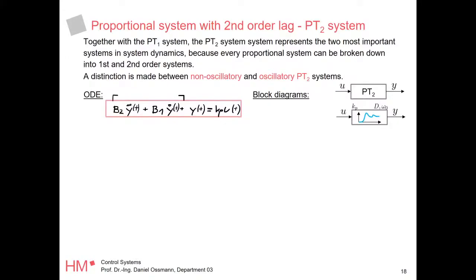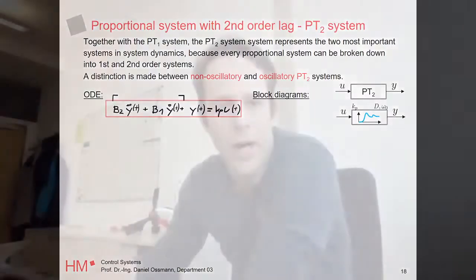Okay, so we have now made our life a little bit harder, right? We move from a first order system to a second order system. If you remember what you learned probably in high school and how to solve differential equations, and then hopefully in the math lecture here at the Hochschule, you will know that we can solve this second order ODE with a nice approach with the so-called characteristic equation.